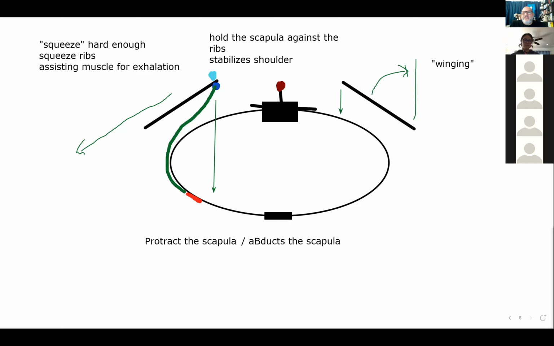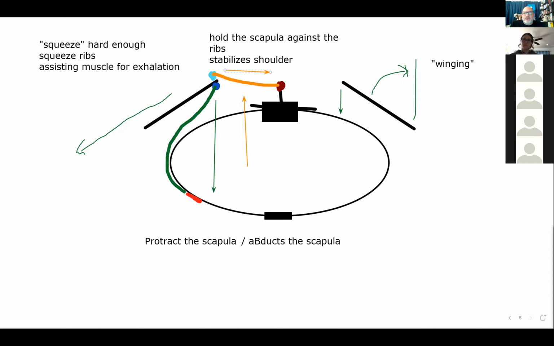So notice this muscle also has the ability to move the scapula, but in this case, it's going to be bringing the scapula back or bringing the scapula towards the midline.